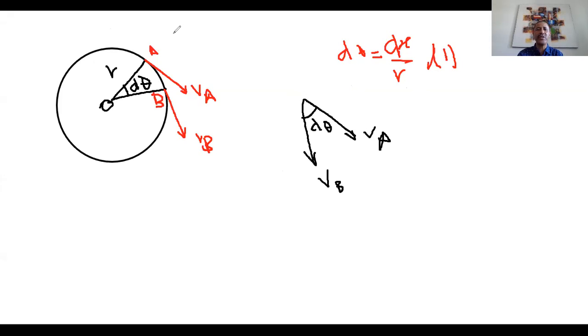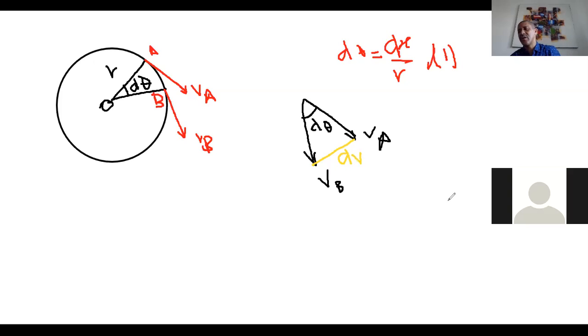What is this then? Who can answer? What is this? This is the difference between these two vectors. So let's say this has magnitude VA, and this has magnitude VB. So this is the difference. We call it delta V or dV.